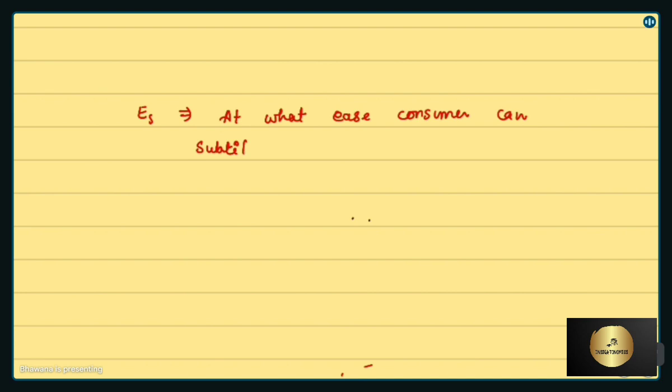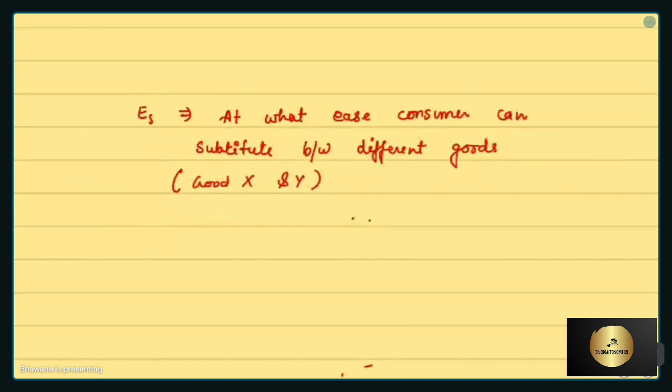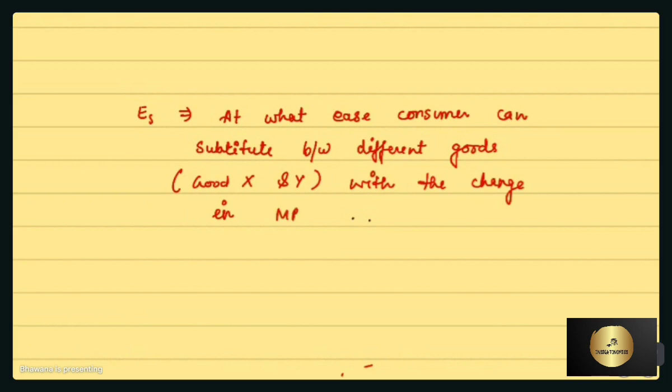In our case, we have good X and good Y. So we can say at what ease a consumer can substitute between good X and good Y with the change in MRS. Okay, this is the concept of ES, elasticity of substitution. I'm going to say it ES.